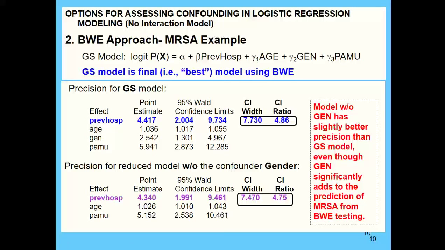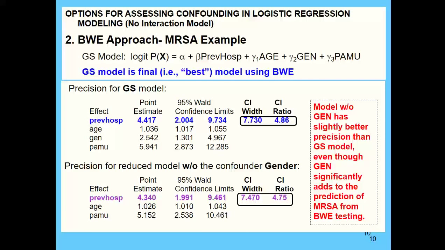What do you notice? Even though the testing suggested you gained precision by having gender in the model, by dropping gender and looking at the confidence intervals, you actually gain precision.